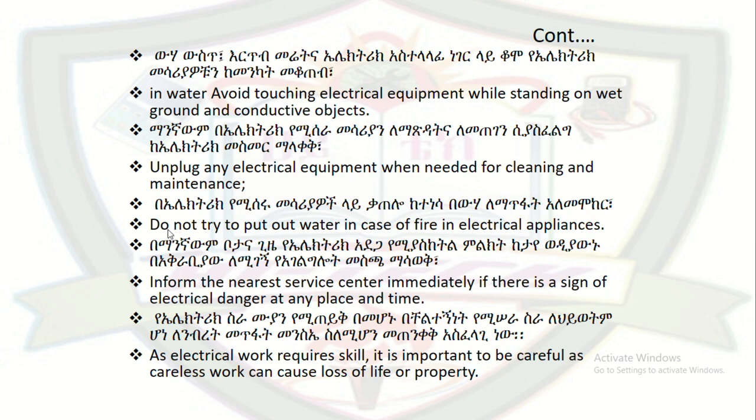Do not try to put out a fire in an electrical appliance with water, because we saw the previous slide. For example, for electrical appliances we use carbon dioxide and powder. Please don't use water on that electrical contact.